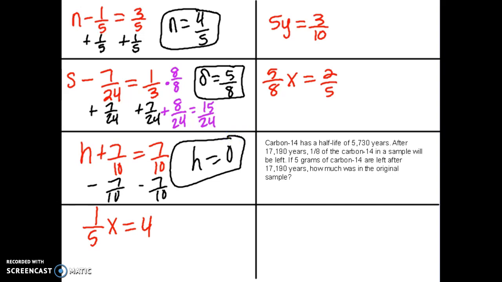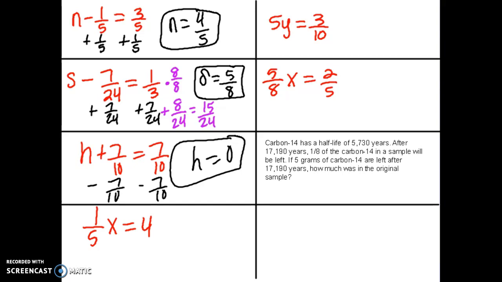1/5 x equals 4. So I'm multiplying 1/5 times x. If I'm multiplying, then I have to do the inverse operation, which is division. So I'm dividing by 1/5 on both sides. Anytime I divide a fraction, I have to do keep, change, flip. I multiply by the reciprocal.